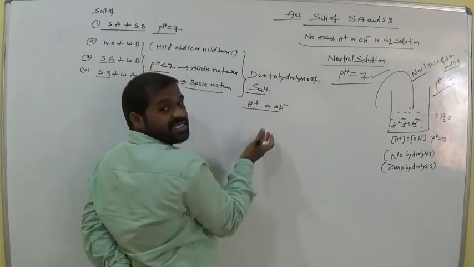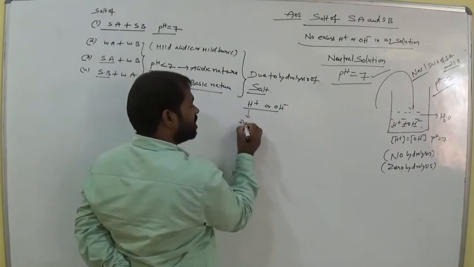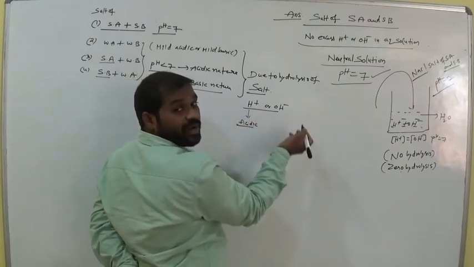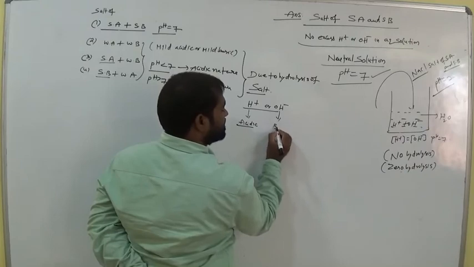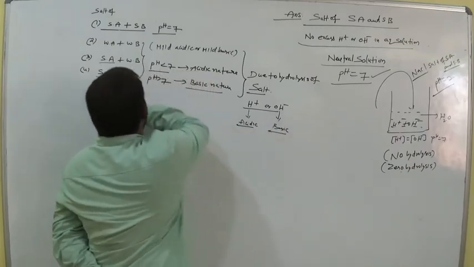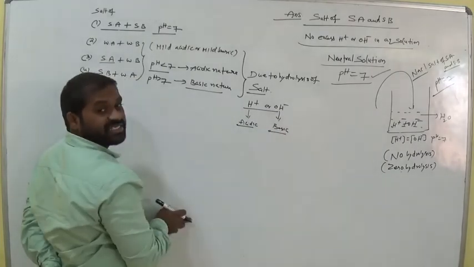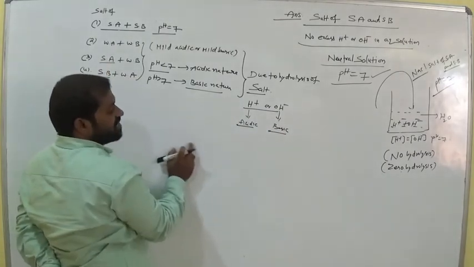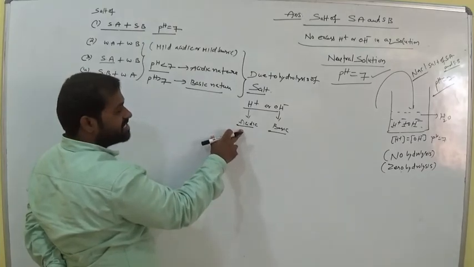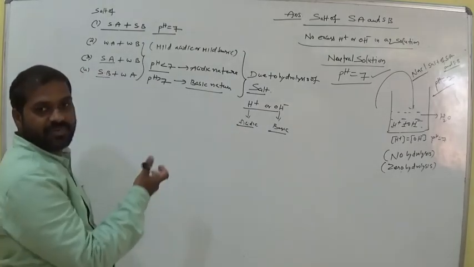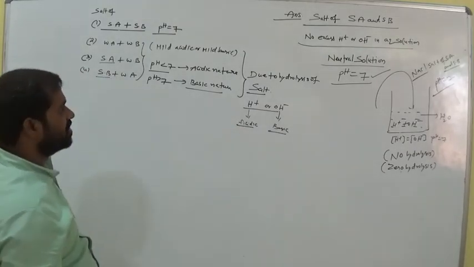If there is more excess H plus, it is acidic in nature. If more OH minus is present, it is basic in nature. Basic domination means more OH minus than H plus. Strong acid means H plus ions dominate, so acidic nature is possible. Clear? We already explained cationic and anionic hydrolysis.